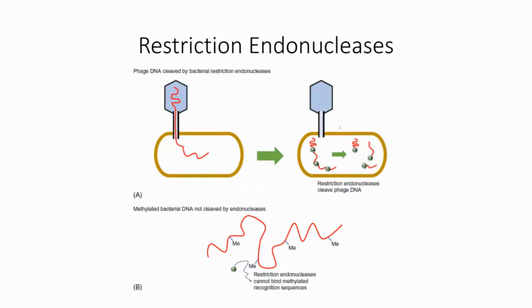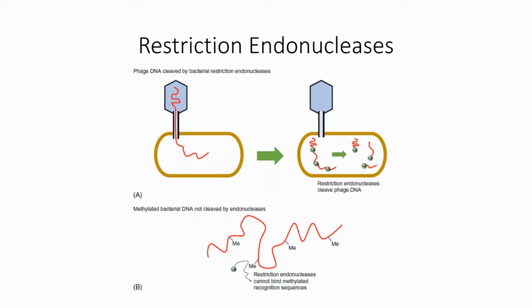Restriction endonuclease is sequence specific, as I mentioned. They will degrade the DNA based on the recognition site. The reason why we discovered the restriction endonuclease is that it is derived from the bacteria's defense system.